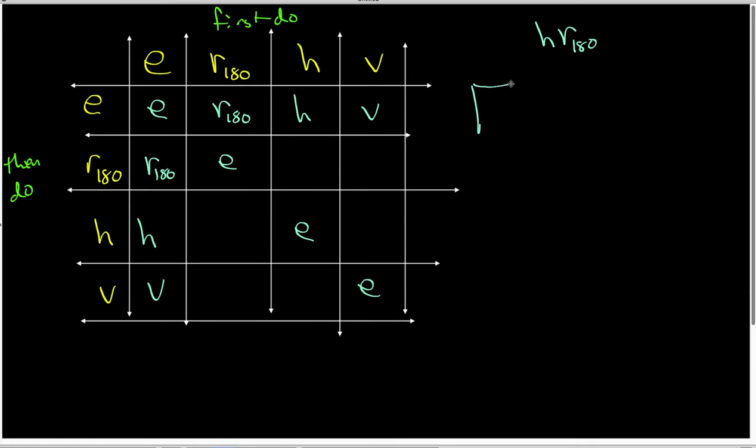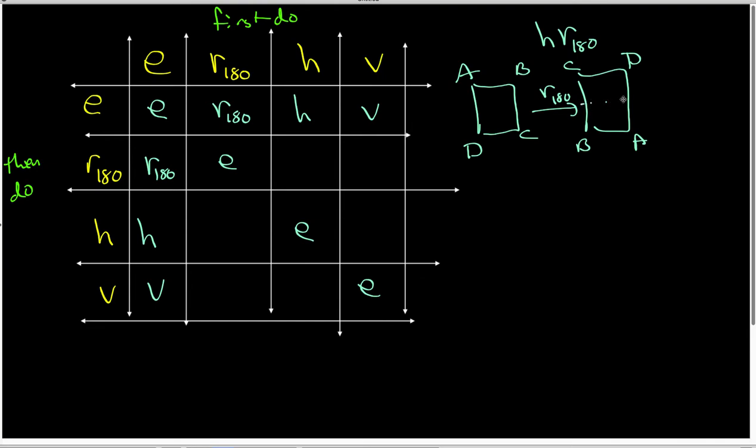Now, my standard labeling for a square looks like this. And if I do R180, I get A is down here, B is here, C is here, and D is here.